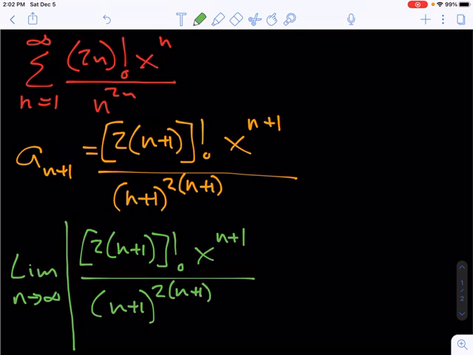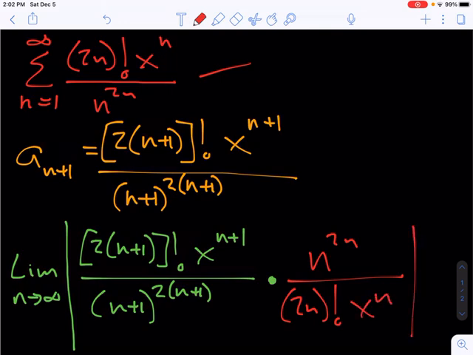And now we would be dividing that by a sub n, but I am going to multiply it by the reciprocal of a sub n. And a sub n, of course, was what was written up here in red, is n to the 2n divided by, in parentheses, 2n factorial times x to the n. So that's what we need to do.